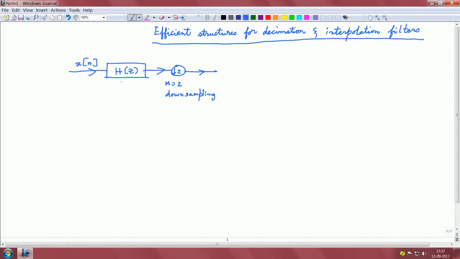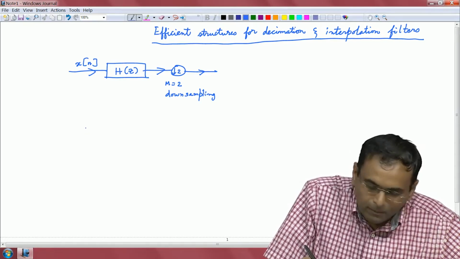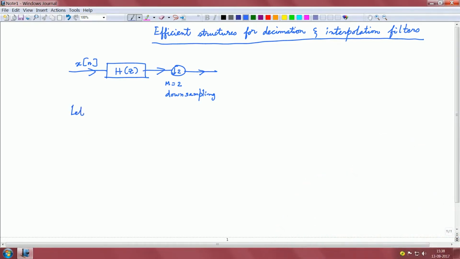We will decompose this filter h of z using polyphase, type 1 polyphase. So, let us do a type 1 polyphase decomposition for h of z. So, we get this in this form.